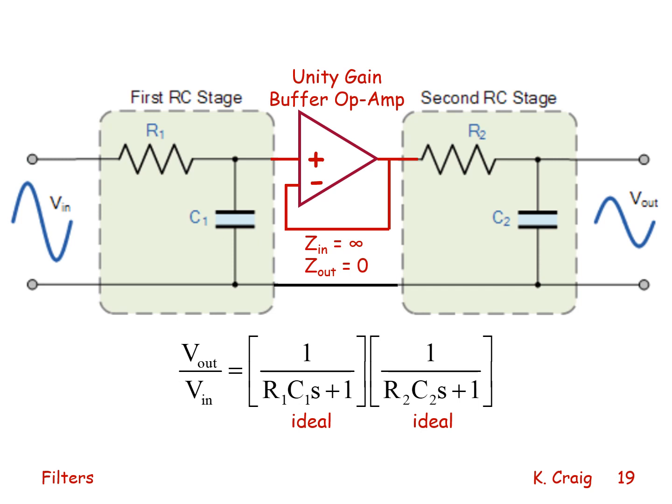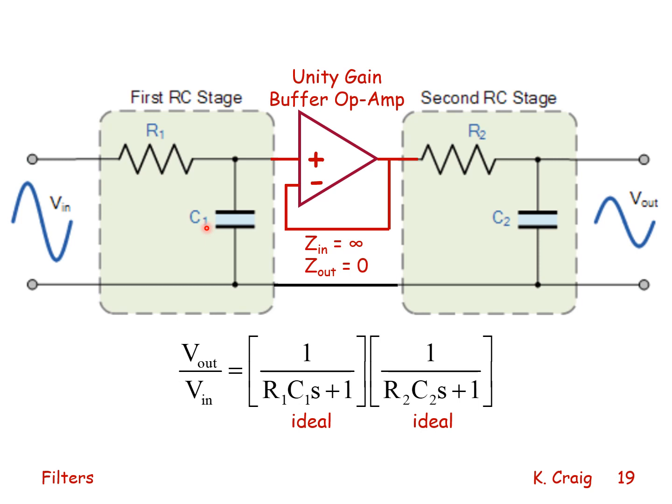One way to prevent loading is to insert between the upstream stage and the downstream stage what we call a unity gain buffer op-amp. This buffer op-amp has unity gain, has an input impedance ideally that is infinite, an output impedance that ideally is 0, and it prevents the downstream component from loading the upstream component.